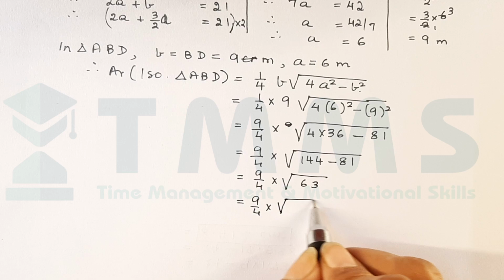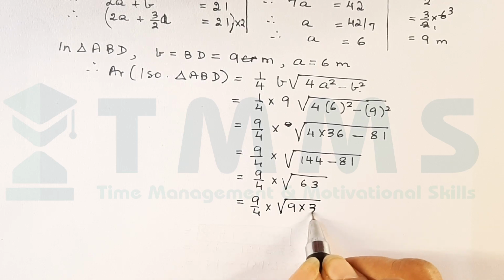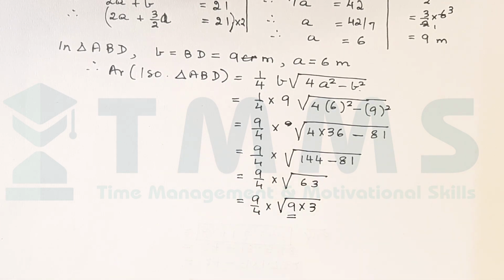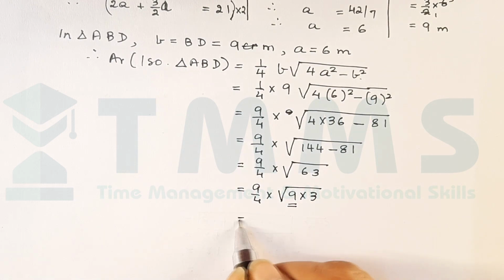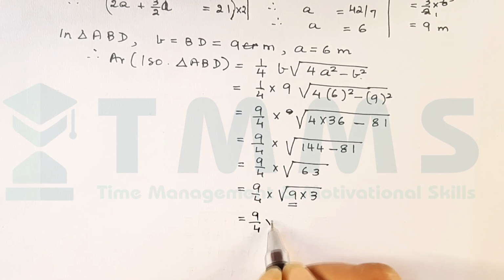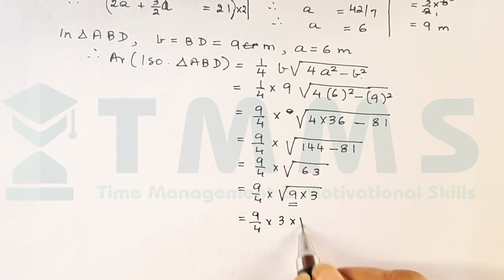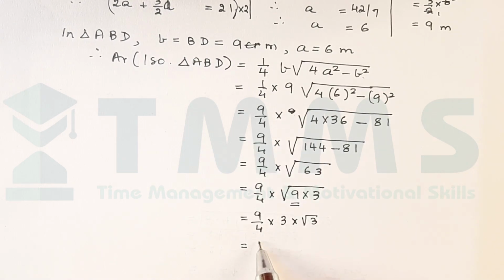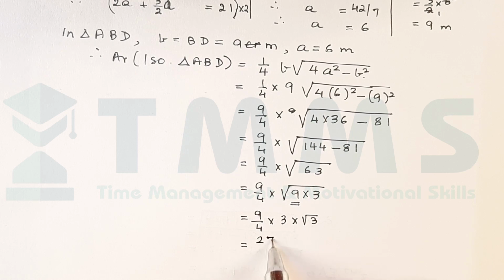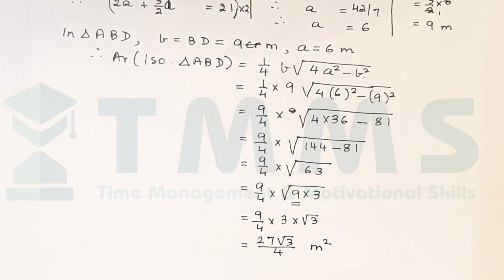We look for the factors, which is 9 into 7, so that we can take the square root of this 9. So that gives us 9 upon 4 multiplied by 3 multiplied by root 7. So 9 into 3 is 27, root 7 upon 4. Those many meters square is the area of triangle ABD.